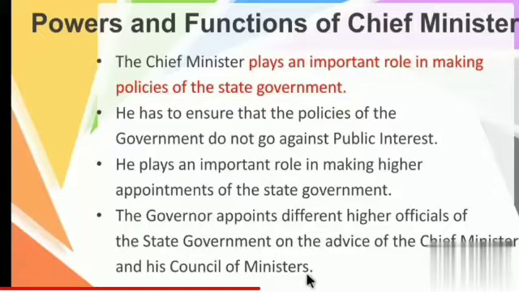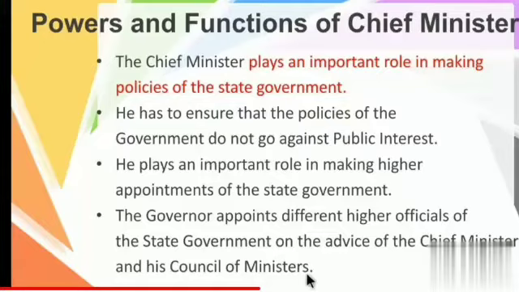Powers and functions of the chief minister. The chief minister plays an important role in making policies of the state government. He has to ensure that the policies of the government do not go against the public interest, only in favor of the people. He also plays an important role in making higher appointments of the state government.